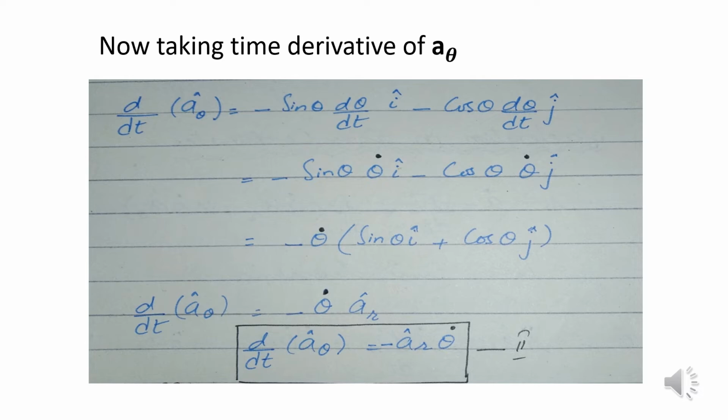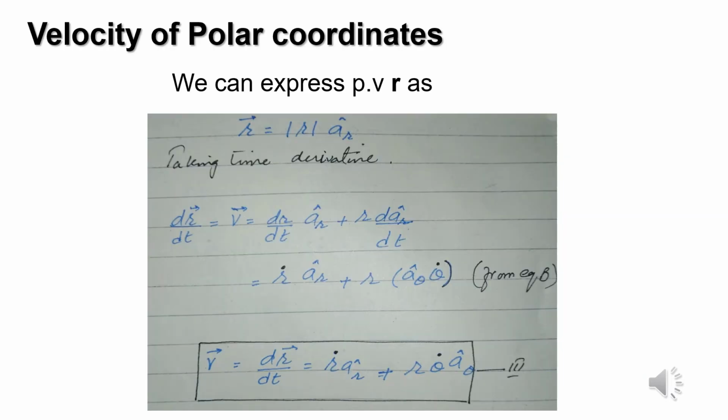Now moving on to the next step. Now with the polar coordinates, first of all we are going to find out the velocity in polar coordinates for the central force. Now as we know that for central force the position vector r vector is equal to mod of r AR unit vector.